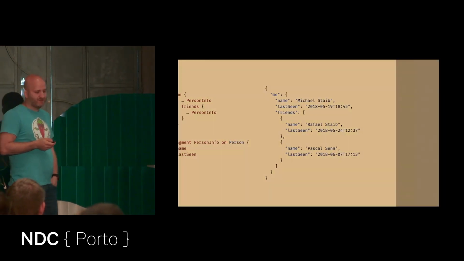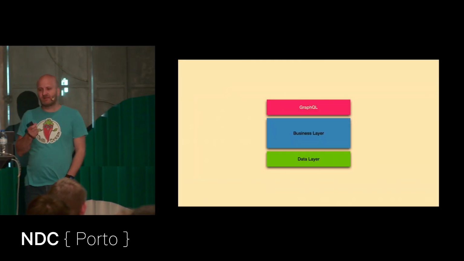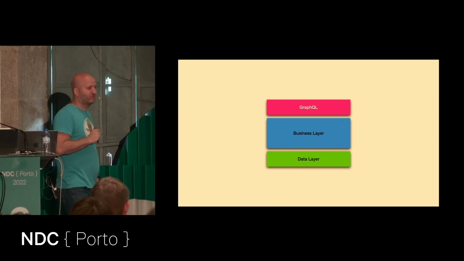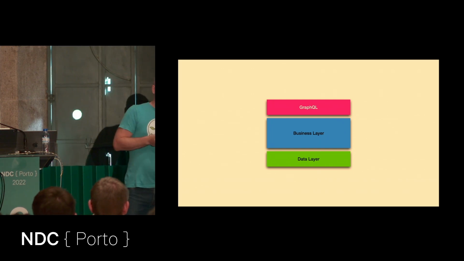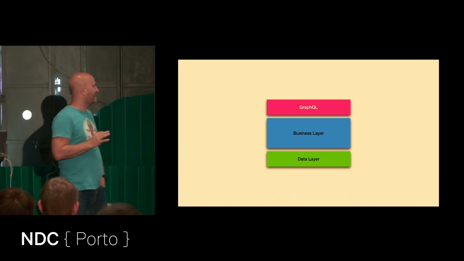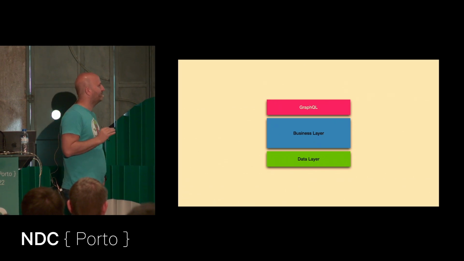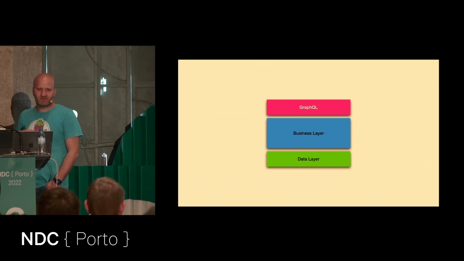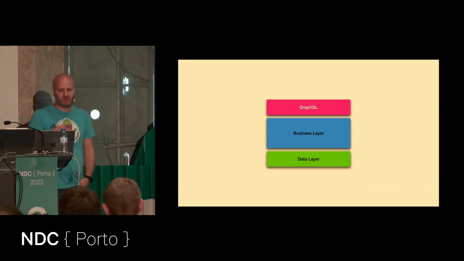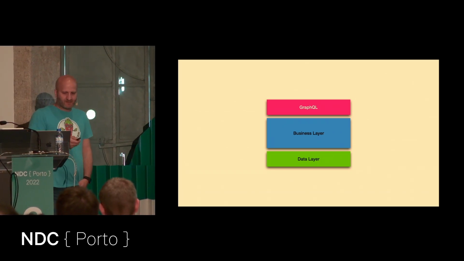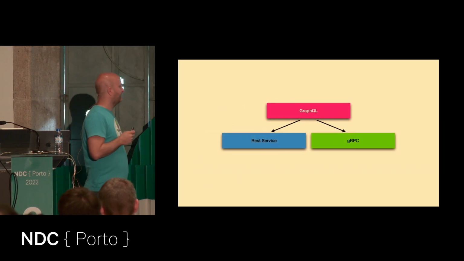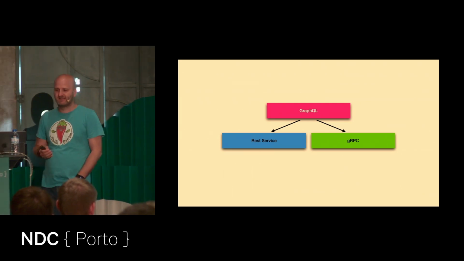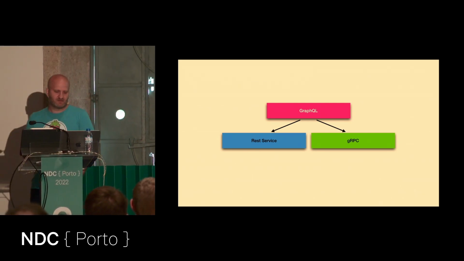Typically, and that is how many people start with GraphQL, they put a thin layer of GraphQL over their business layers. If we look at that, it might be easy to figure out where performance issues are, because GraphQL is very thin. We just have this business layer, and we should know what we are talking about. But in many setups, GraphQL is actually deployed like this, where we have microservices beneath it, REST services.